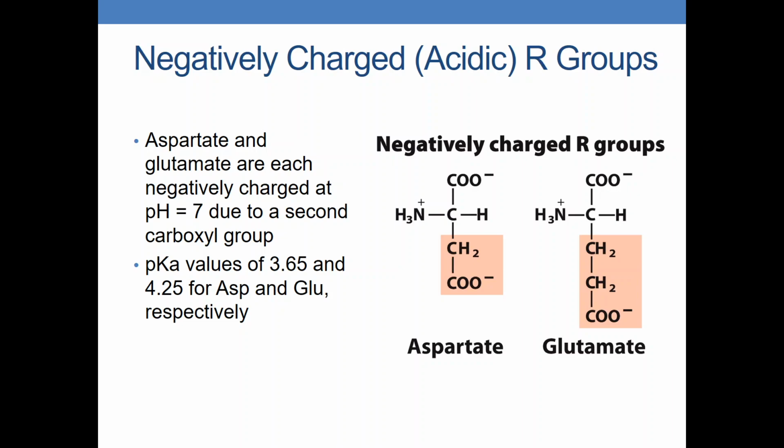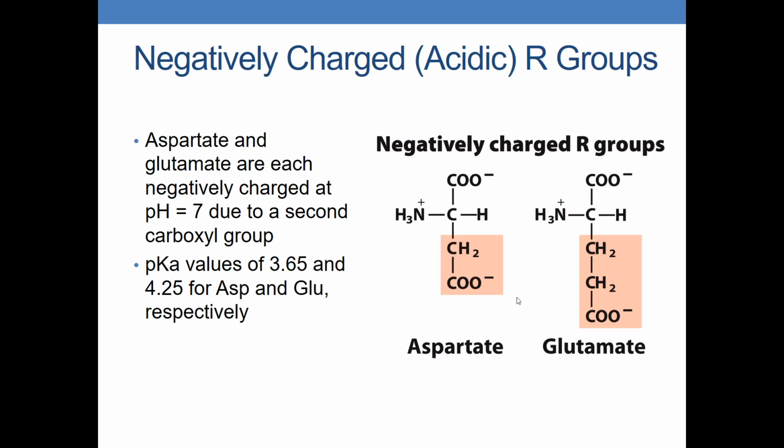Here we have acidic R groups because they have pKa's in the acidic pH range. The two residues are aspartate and glutamate, also known as aspartic acid and glutamic acid when protonated. Each of these R groups has a carboxylic acid in the side chain that can be deprotonated to the carboxylate, which is what is shown here.